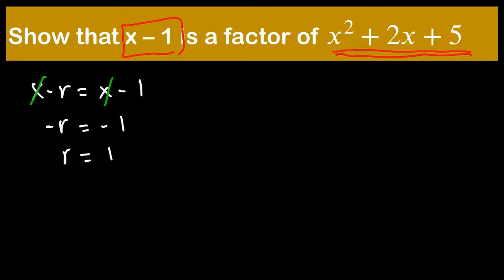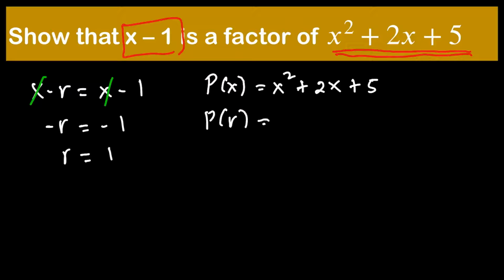Now that we have the value of r, we substitute this r into our p of x equals x squared plus 2x plus 5. So we have our p of r equals x squared plus 2x plus 5.